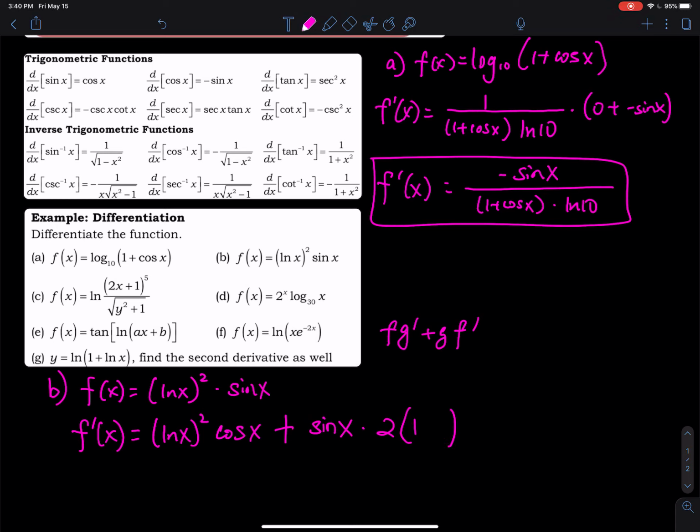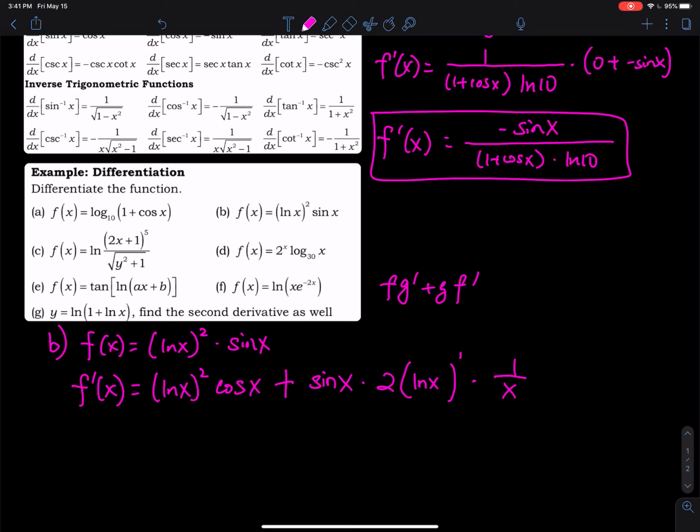So this is still ln x, and then 2 minus 1 is the first power. And then we multiply what? The derivative of ln, using the chain rule. What's the derivative of ln? I just gave you the formula. The derivative of ln is 1 over x. You will be using this over and over again in differential calculus and integral calculus, which is your next class, your next level.